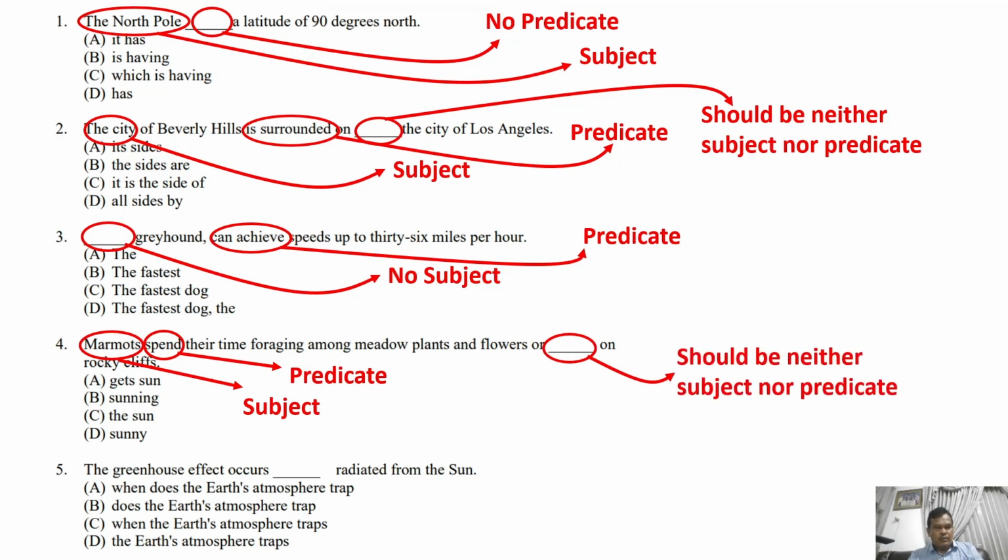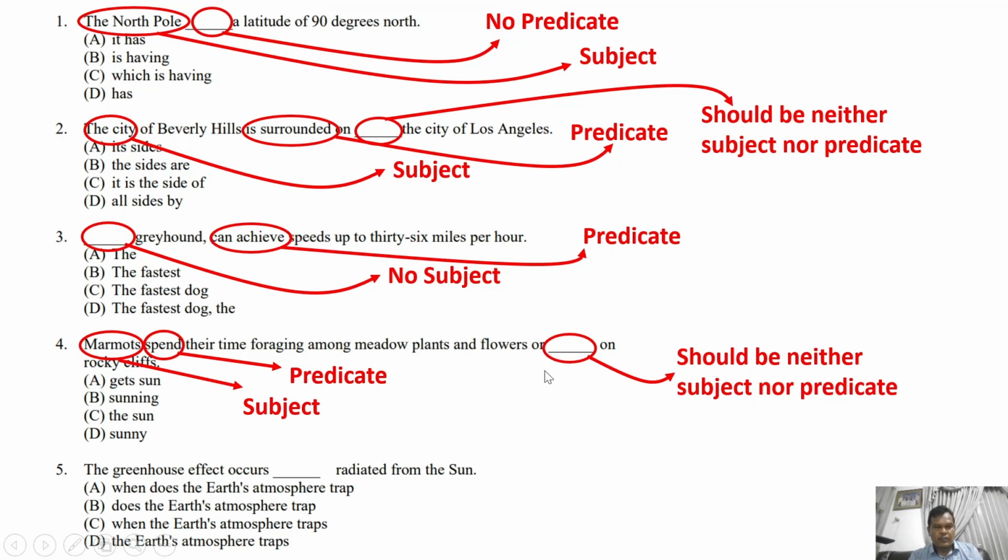In order to complete this sentence, you should choose the option which is neither the subject nor the predicate. Now let's see. A gets as verb 1, so it is the predicate, so it is eliminated. And then B, C, and D are still possible.